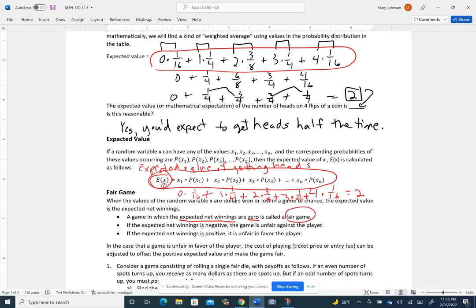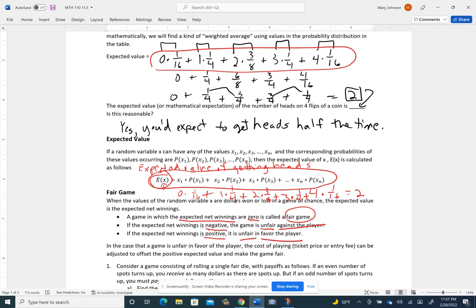That's what it means to be a fair game. So it's not biased in favor of the player or against the player. Okay. And then if the expected net winnings is negative, the game is unfair, and it's unfair against the player.